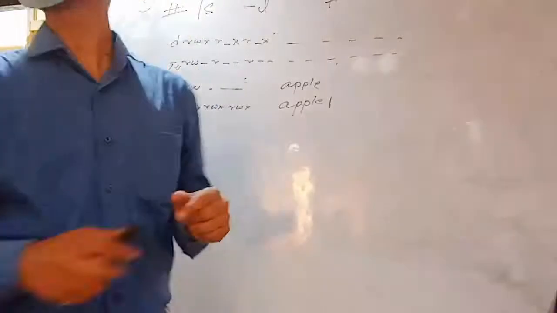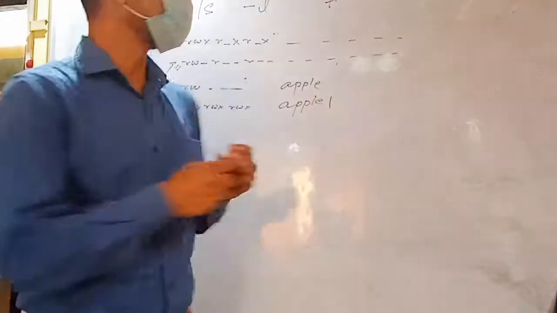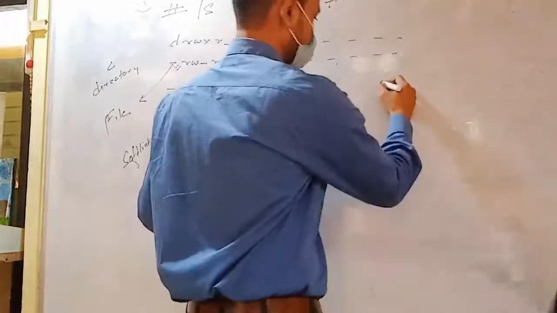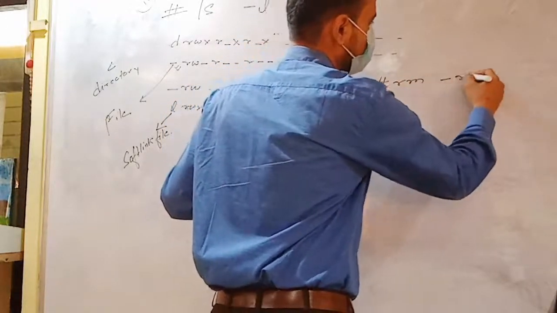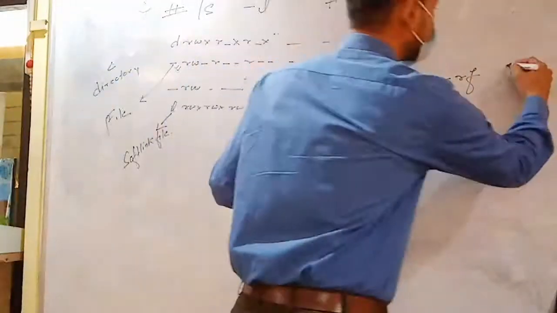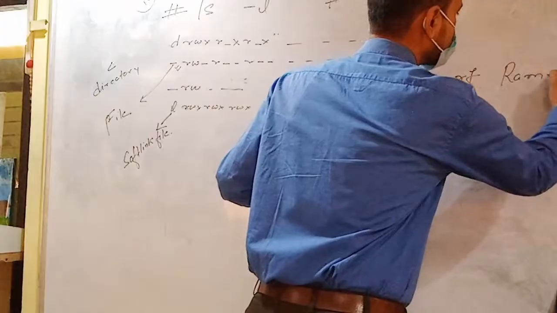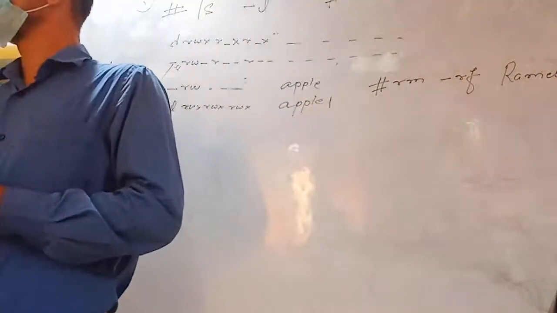How can we delete a directory with data? Good, good. rm space minus rf, then the directory name, like your directory name is Ramesh. Right?